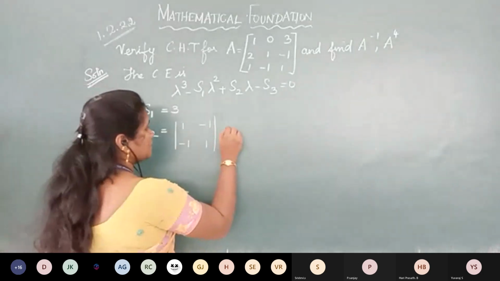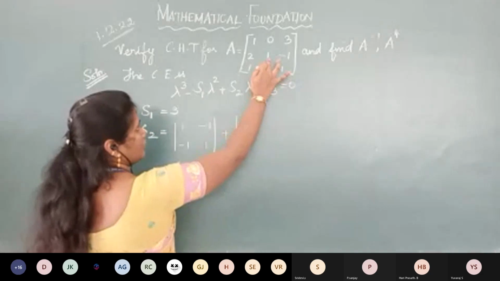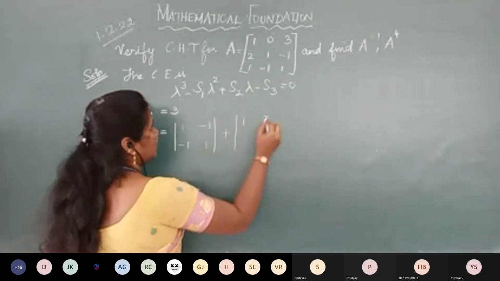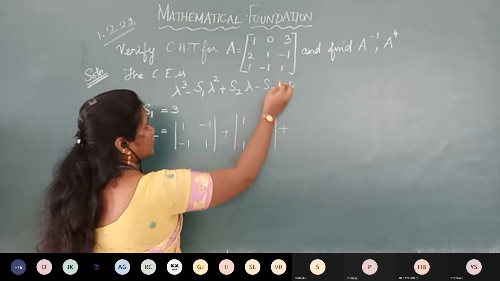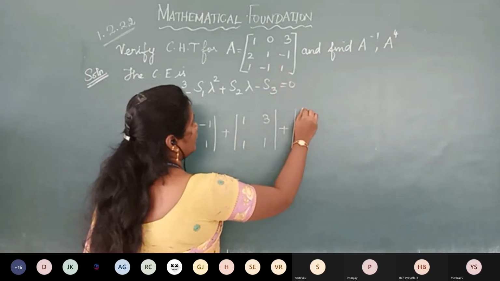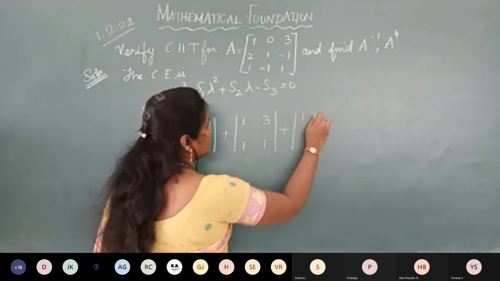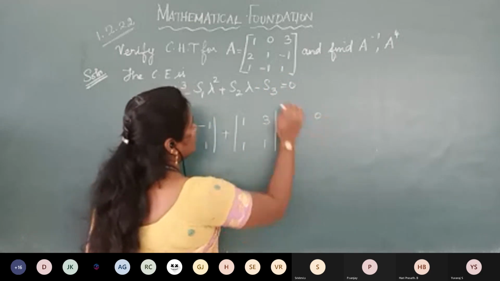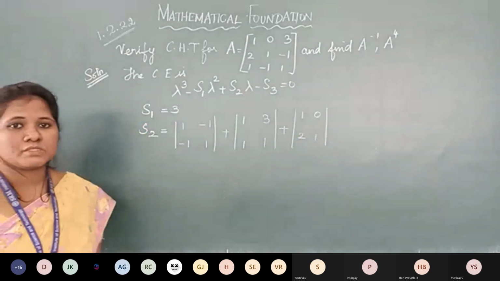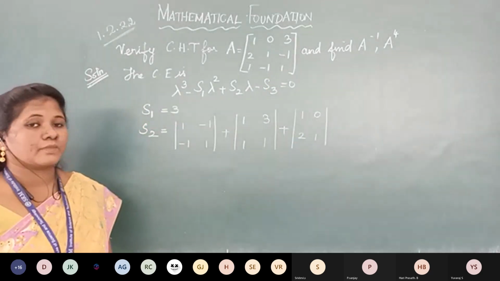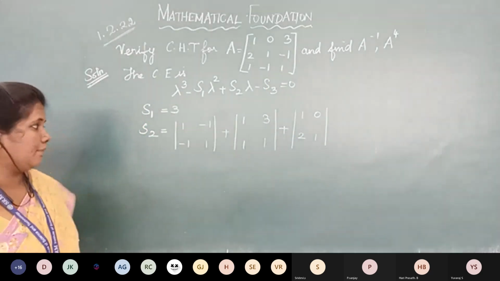Plus the minor of this 1 will be 1 3 1 1, plus the minor of this will be 1 0 2 1. So this is the sum of the minors of the main diagonal.